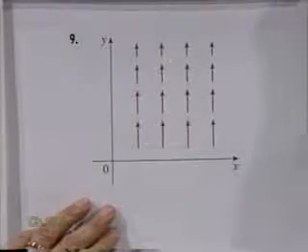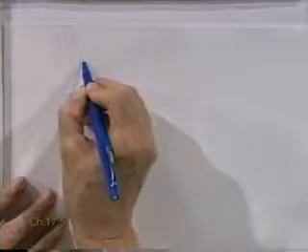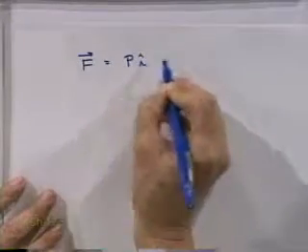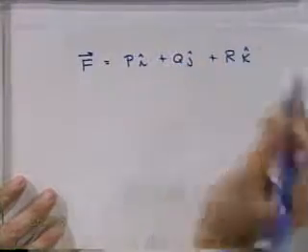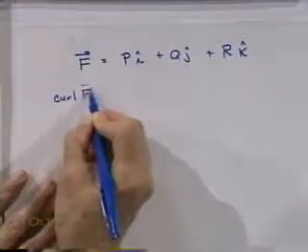let's just write out what the curl is. Notice, if you have a function f, it's equal to p times i plus q times j plus r times k. Just remembering what the curl of f is.